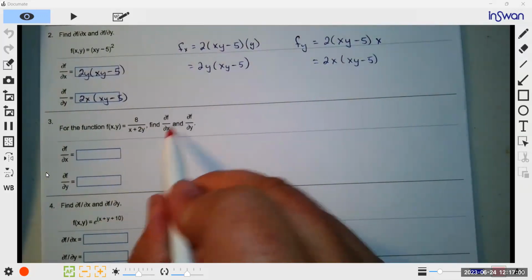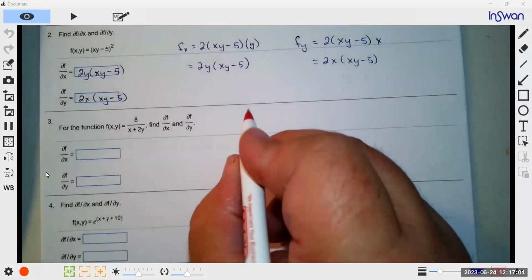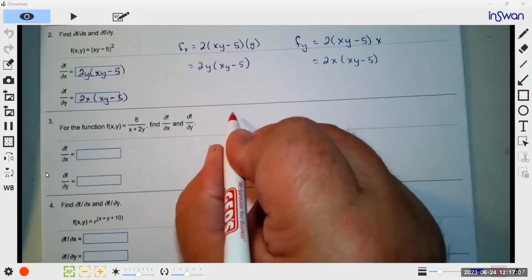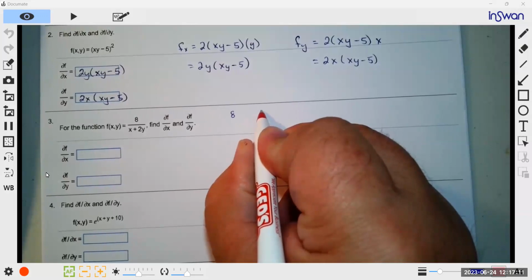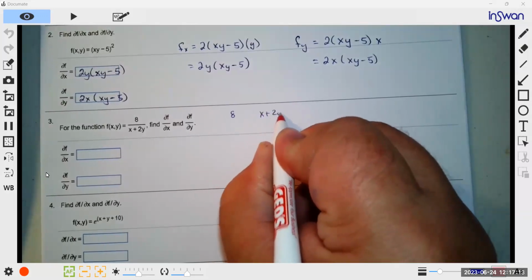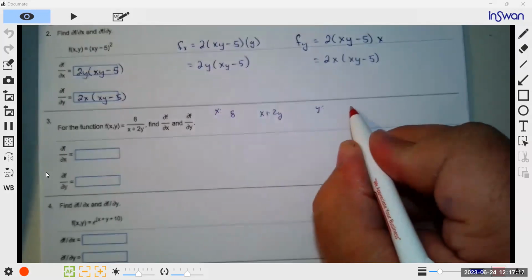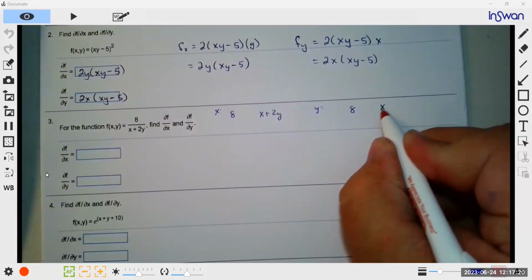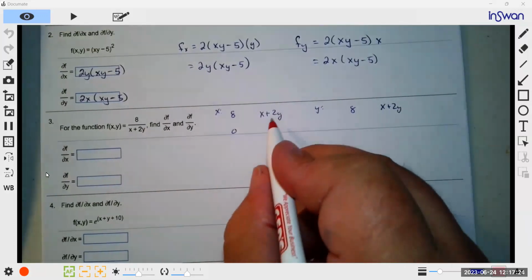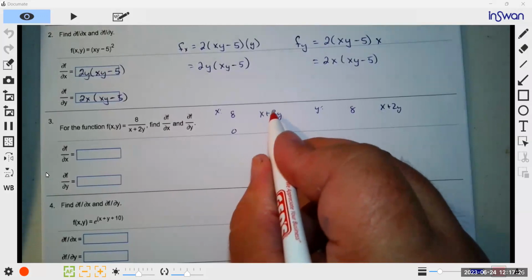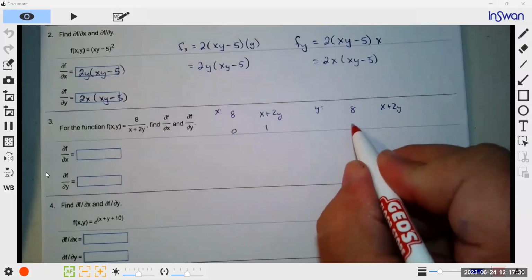Number 3, find the partials of x and y. Now we have a quotient rule. This is with respect to x, this is with respect to y. So the derivative of 8 is 0. The derivative of the denominator with respect to x is 1. The derivative of 8 is 0.